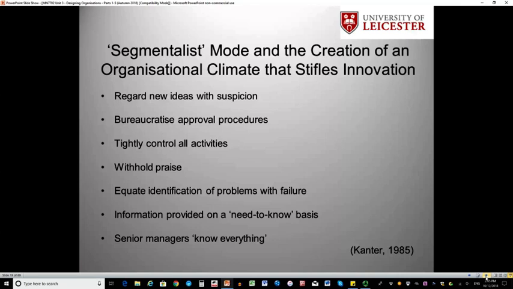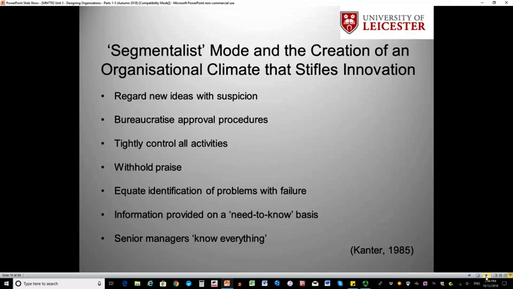Under this segmentalist organisational climate, managers are seen as those that know everything, and they tend to be climates in which people are only told what they need to know. And it's very difficult to have a broader perspective of the organisation. If you don't get told things about the organisation, if you're only told what you need to know, it's very difficult to contextualise how your activities fit and link to other things going on in the organisation.